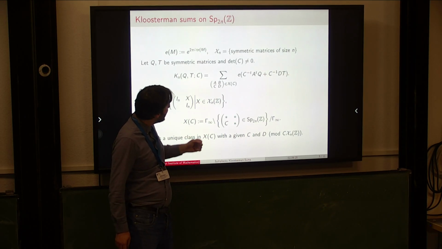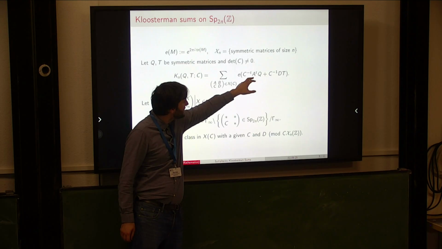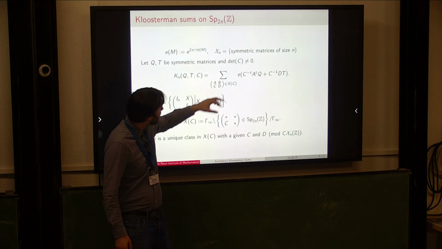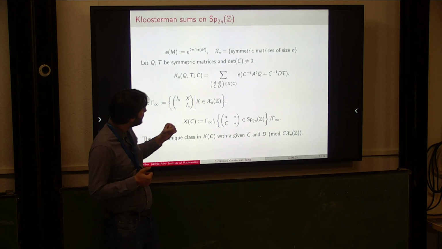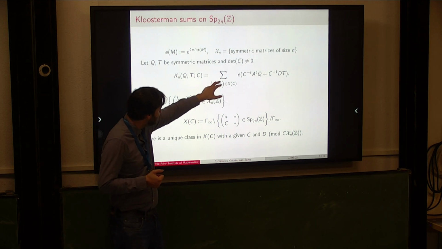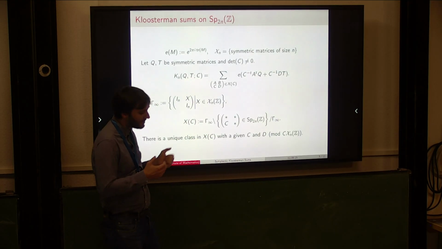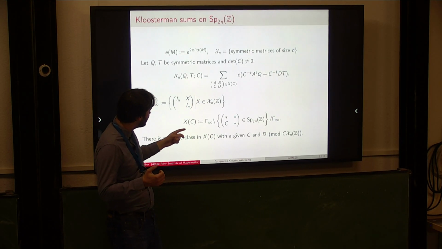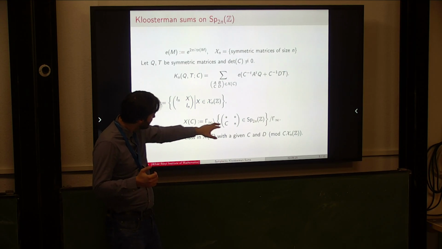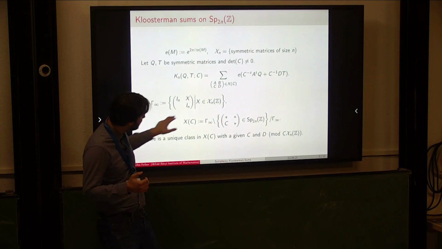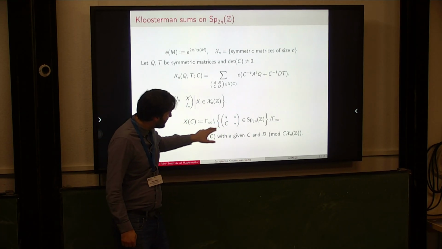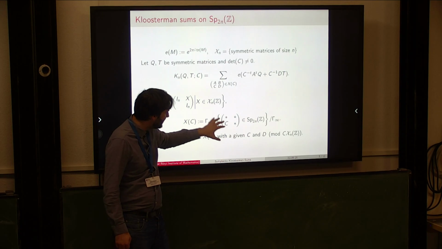And I look at e(trace(C^{-1} A T Q + C^{-1} D T), where A and D are blocks of a symplectic matrix (A B; C D) with bottom left block C, and it's running over this double quotient by the unipotent subgroup, where you look at all matrices with the bottom left corner being C.